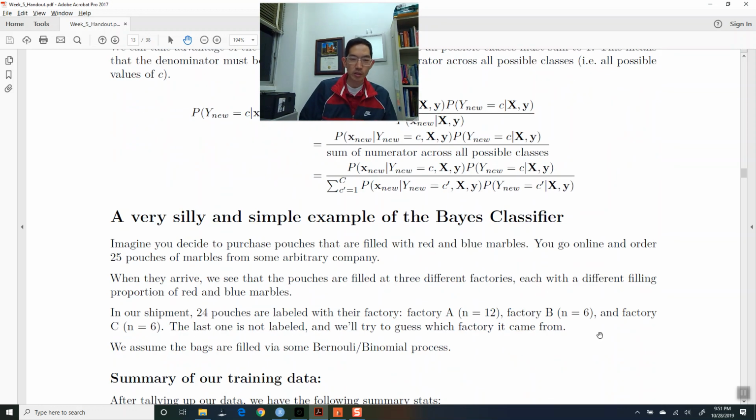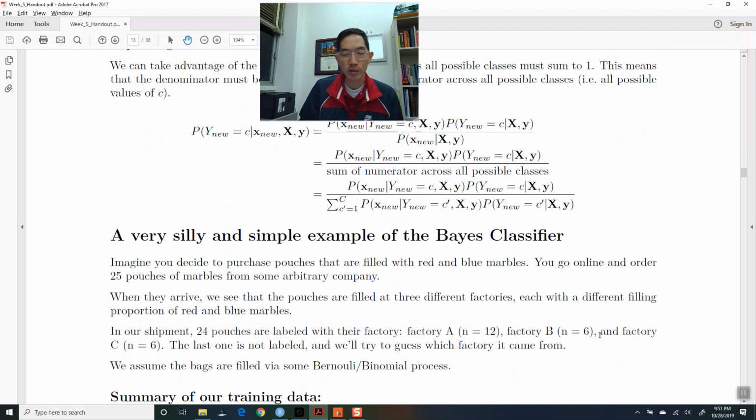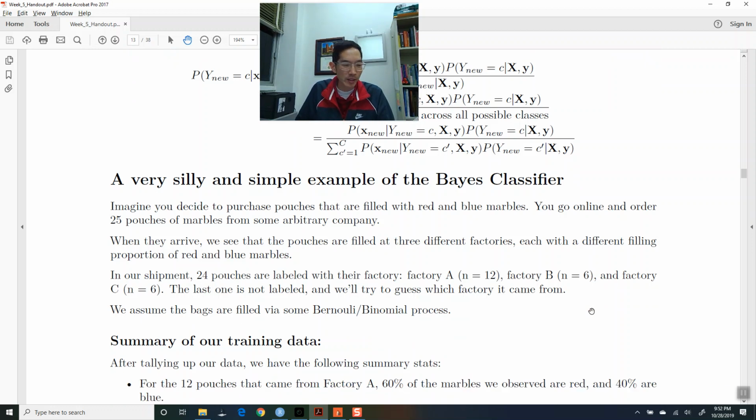Okay, so we're going to try this silly example of the Bayes classifier. I hope it works. All right. The idea is we've got these pouches here. Just imagine you've got some kind of pouch, and they're filled with red and blue marbles. All right, and you go online and you order, I don't know, 25 of these pouches.